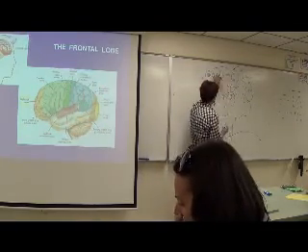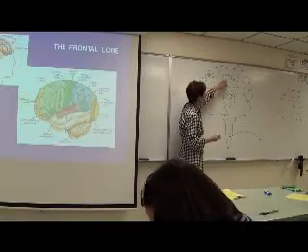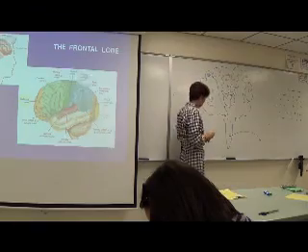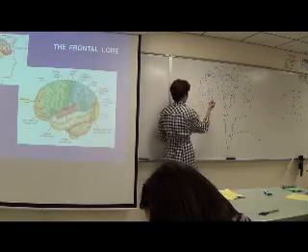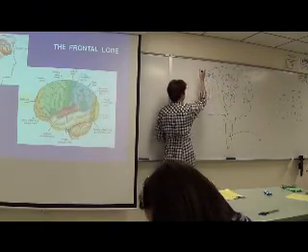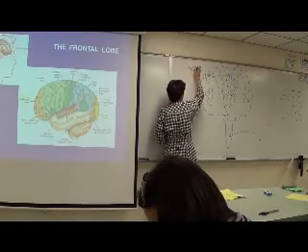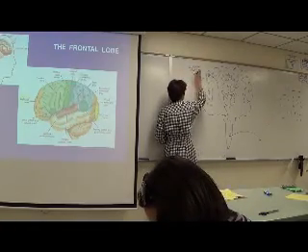So the cell bodies of all these motor neurons form that precentral gyrus. These neurons are identified in our pathway that we'll talk about next week as upper motor neurons.